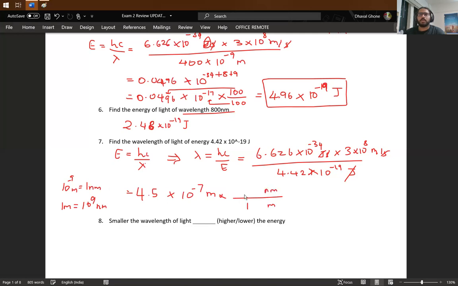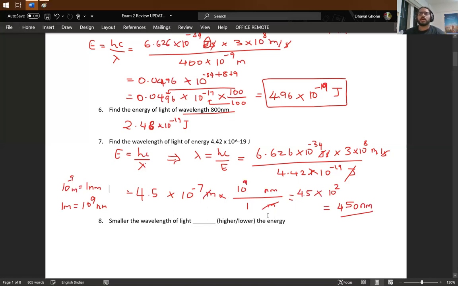And I say 1 meter is 10 to the power 9 nanometers. And that would give me 4.5, oops, meters cancel. What's that? Nanometers. 4.5 times 10 to the power negative 7 plus 9 is 2, which is 450 nanometers. Okay, that's how you do the math for this one.